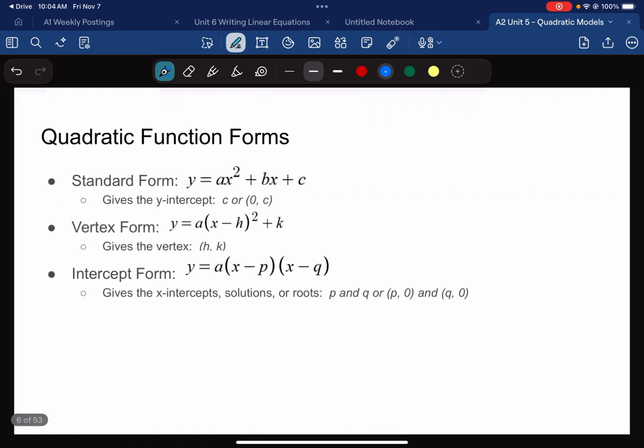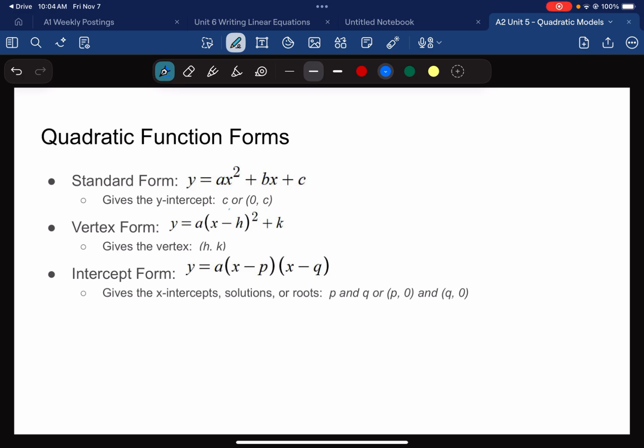All right, let's talk about the three different forms of a quadratic. So we've got standard form, which you should be familiar with, because anytime we solve a quadratic using the quadratic formula or factoring, we put everything on one side of the equal sign. So this a, b, and c are exactly the same as what we studied when we did the quadratic formula.